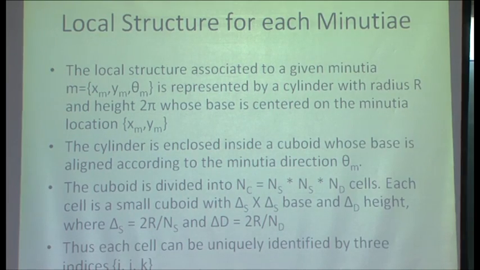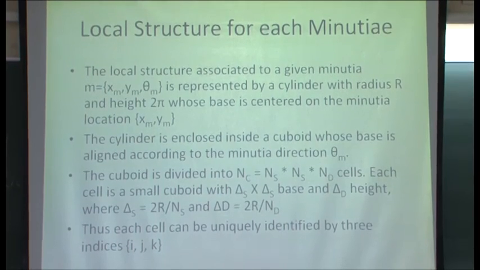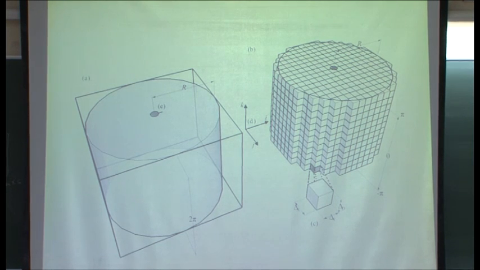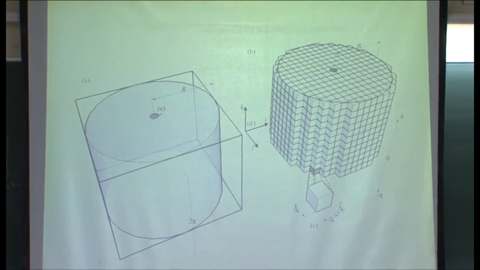The local structure of the minutia is represented by a cylinder. The cylinder has a radius r and a height 2 pi, and it is enclosed in a cuboid. The base of the cuboid is aligned according to the orientation of the minutia.